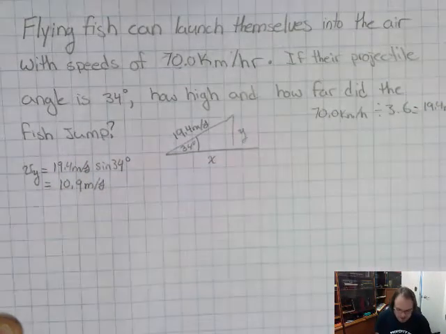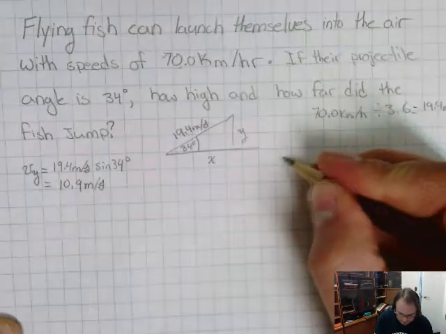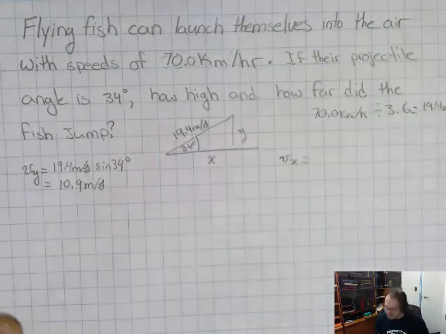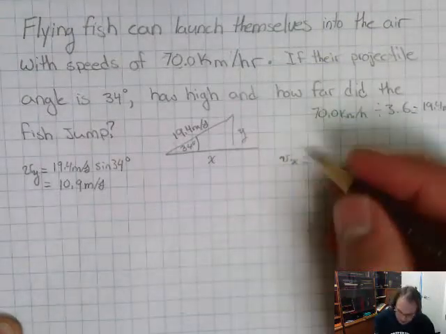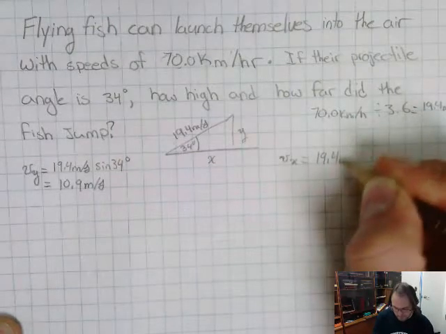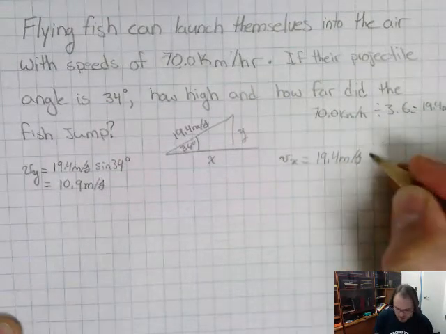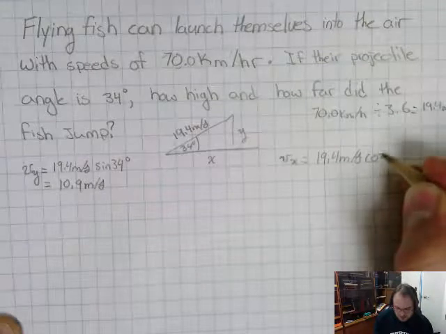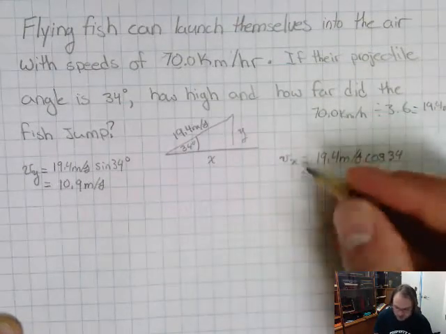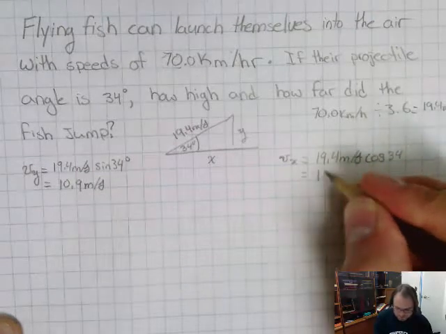Okay, now let's look at my Vx. That's going to be 19.4 meters per second cosine of 34 degrees. And that's going to give me a total of 16.1 meters per second.